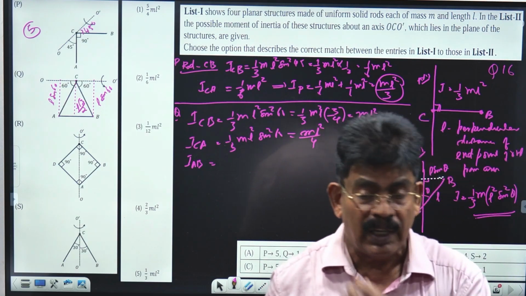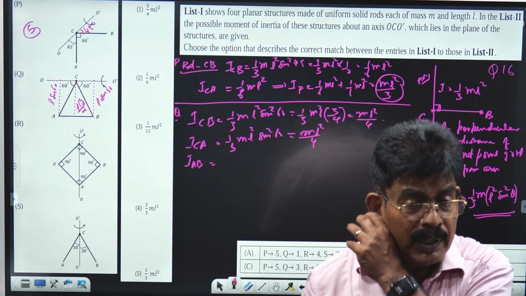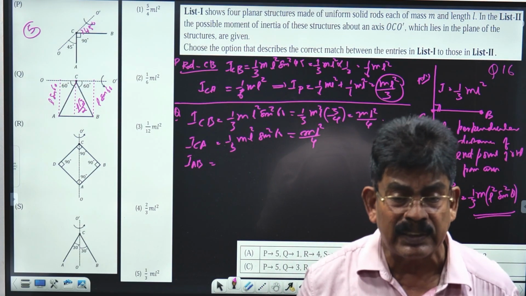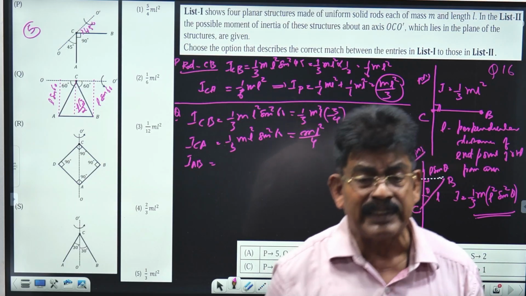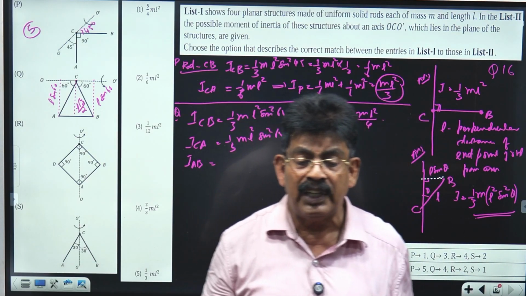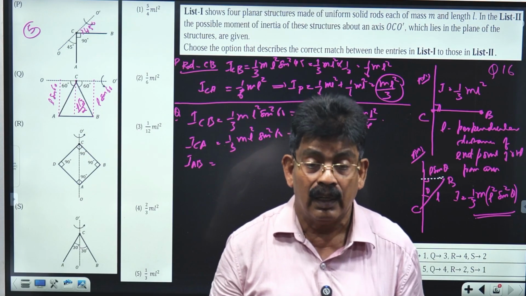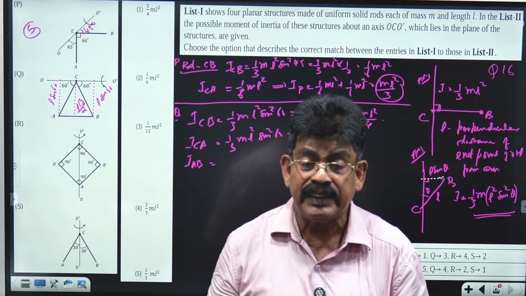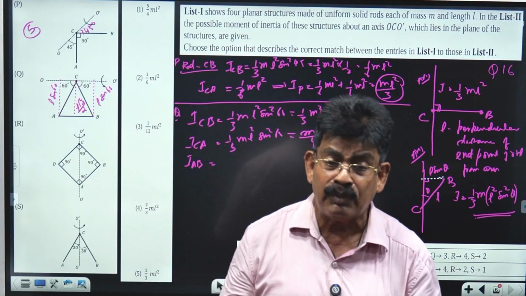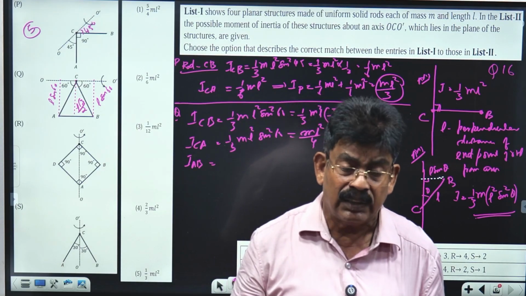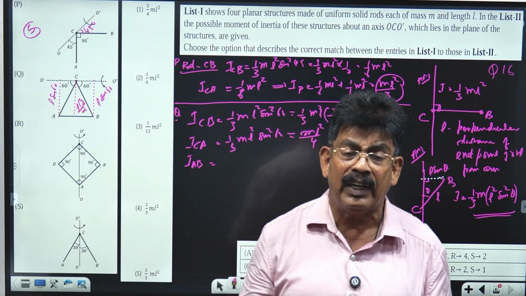Any geometrical figure, if each and every point is equidistant from the axis, we can write moment of inertia is m into distance square. Not necessary to be a ring. In a ring, each and every point is not only equidistant from the center, but also equidistant from the axis. We want equidistant from the axis. So we can write mr square.